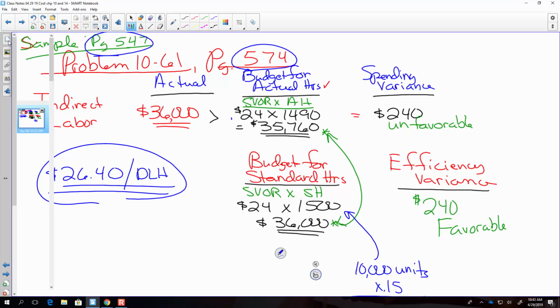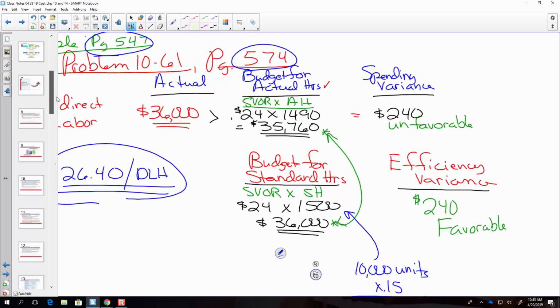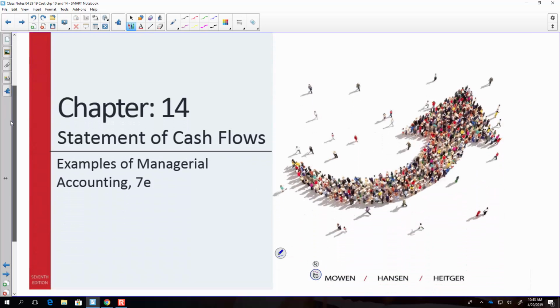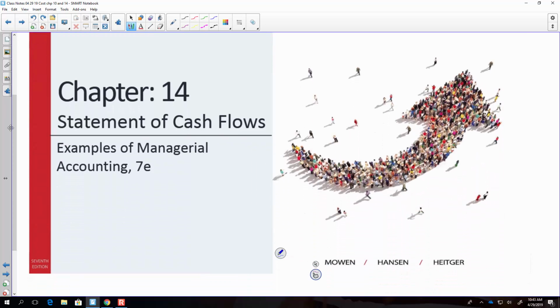All right. I gave you some templates for chapter 14. I can't emphasize enough, if you're going to run your own business or you're working for a company, there's no more important thing than cash flow.